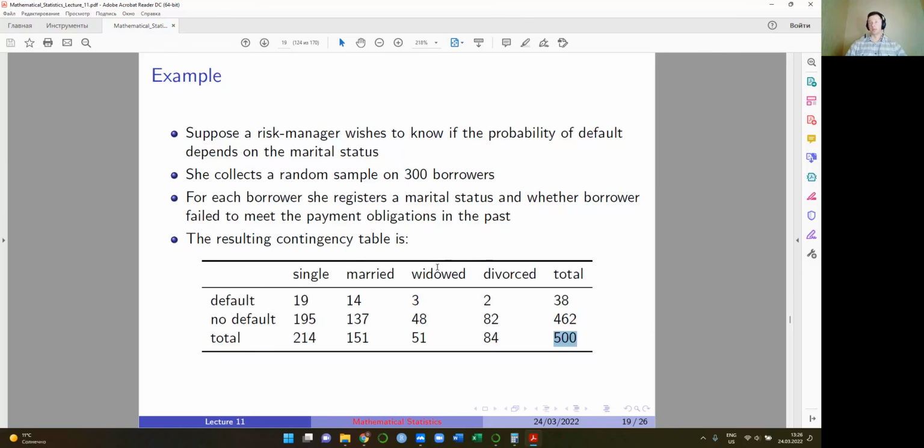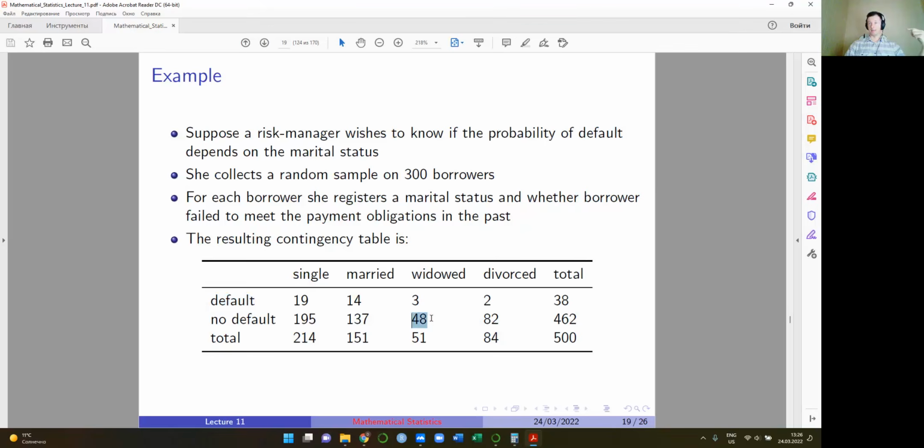So let's see, what do we have? We have a table. Inside the table, as in the previous examples, we have counts: how many borrowers defaulted or not defaulted. So for example, there are 19 borrowers who are single and who had default.